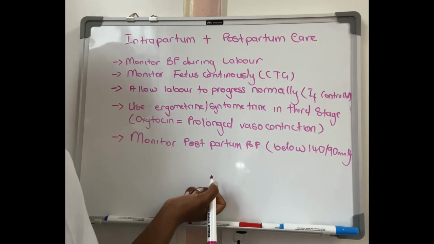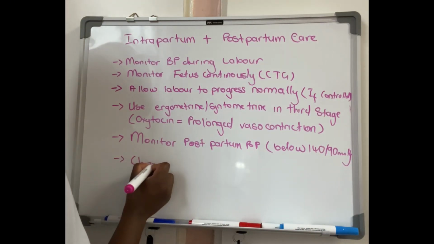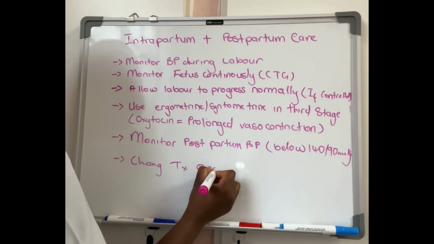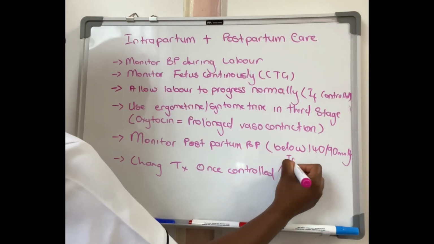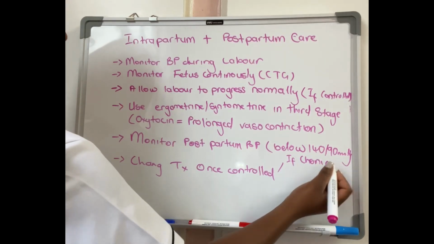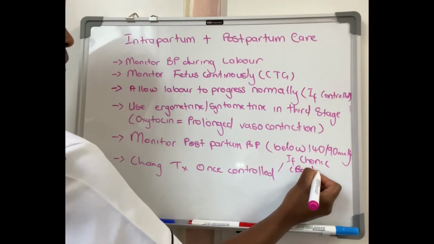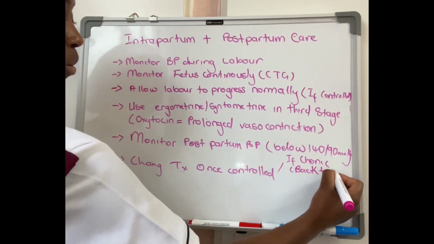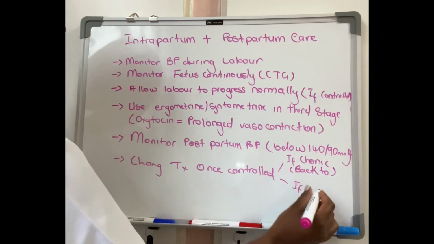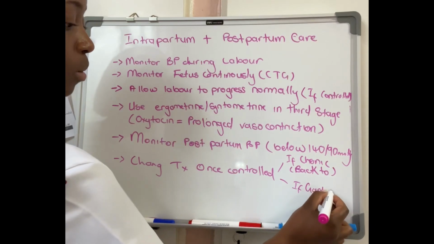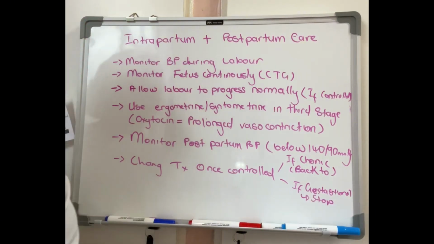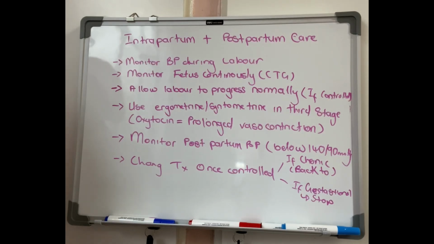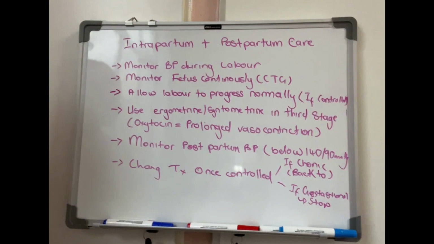Remember that we give oxytocin or ergometrine so that we prevent postpartum hemorrhage. But with women who have hypertension, we will give oxytocin because it has less of an effect of prolonging vasoconstriction than these other agents.